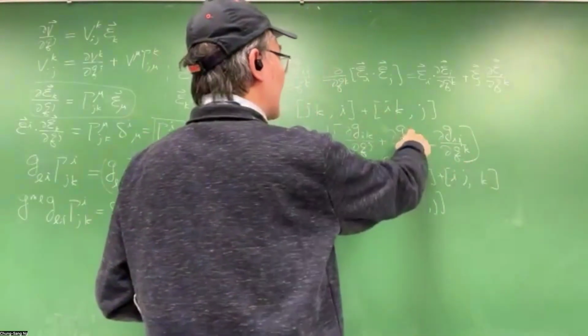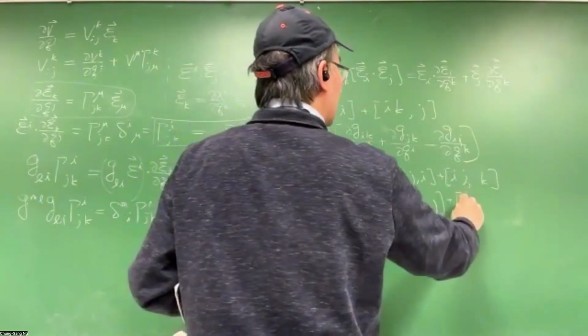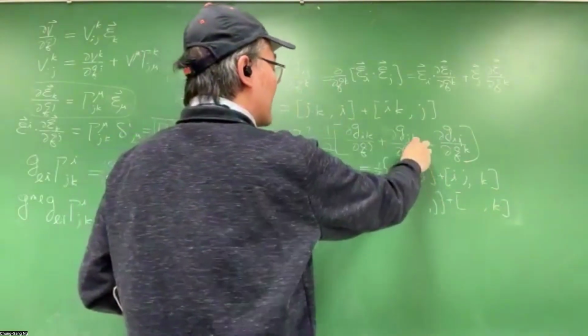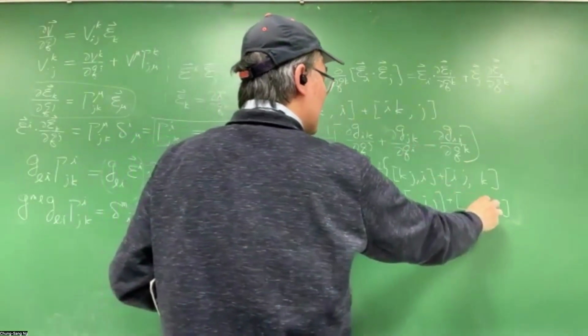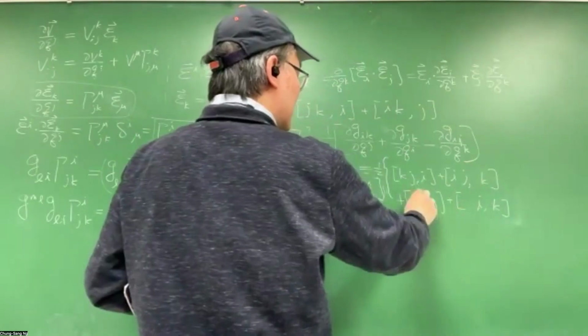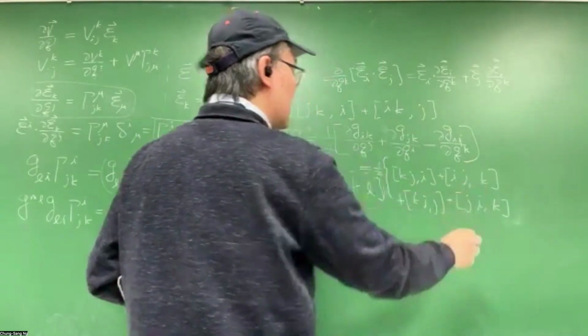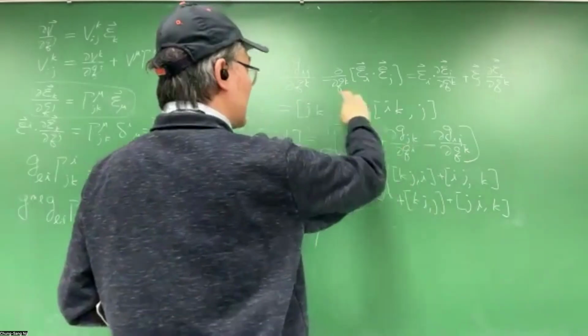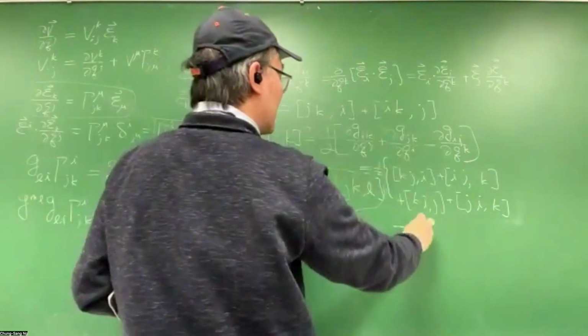Now this one has a J in the second slot, and also has a K in the second slot, and I is in the second position, and the rest is a K. These are these two terms, and then subtract the original one.